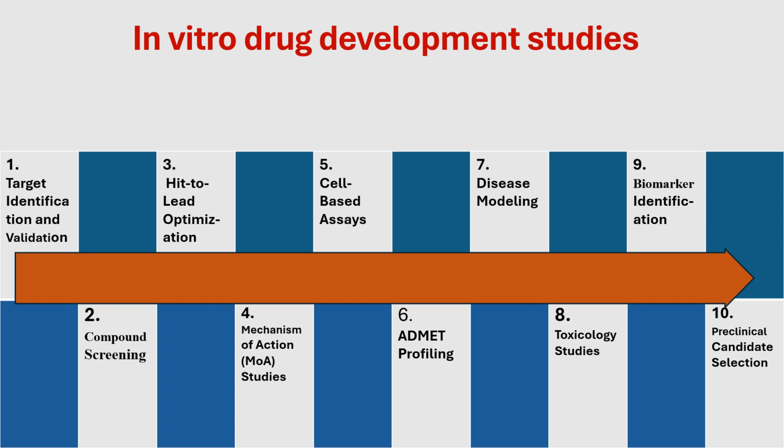Number 3, hit-to-lead optimization. Hits are refined to improve potency, selectivity, and drug-like properties. Hits are now called leads. 4. Mechanism of action studies. Determine how lead compounds interact with the target and modulate its activity.